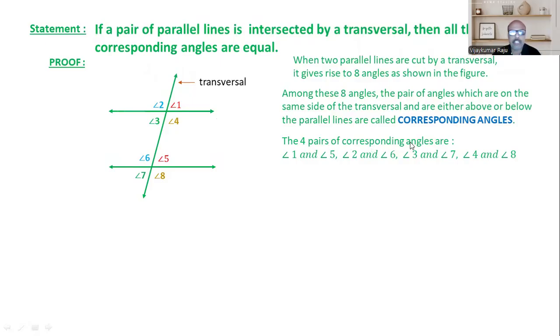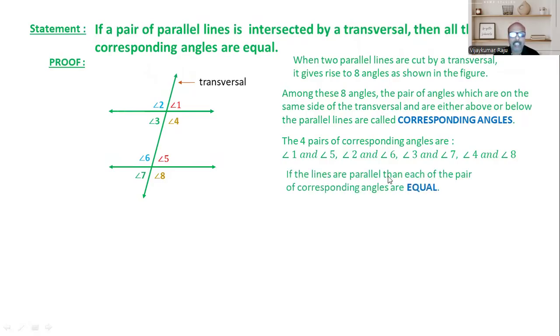So the four pairs of corresponding angles are 1 and 5 shown in red color, 2 and 6 in blue color, 3 and 7 in green color, 4 and 8 in brown color. These are the four pairs of corresponding angles.